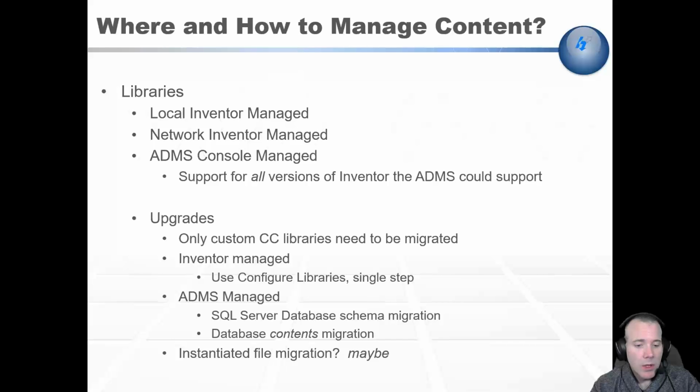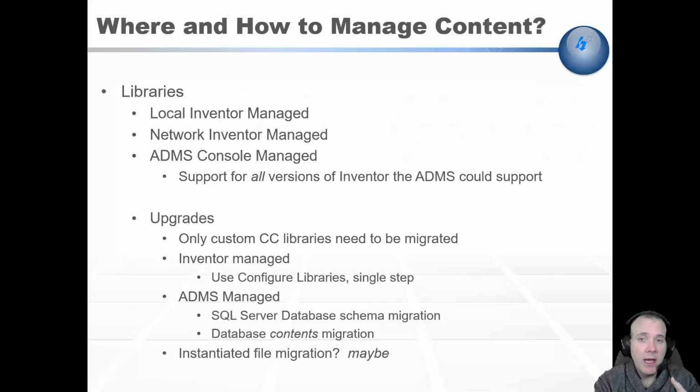So there are benefits to having a shared location of some sort, either on a network with IDCL files or managed by the Vault server. The biggest benefit there is customizations are immediately available to everyone using the Content Center.